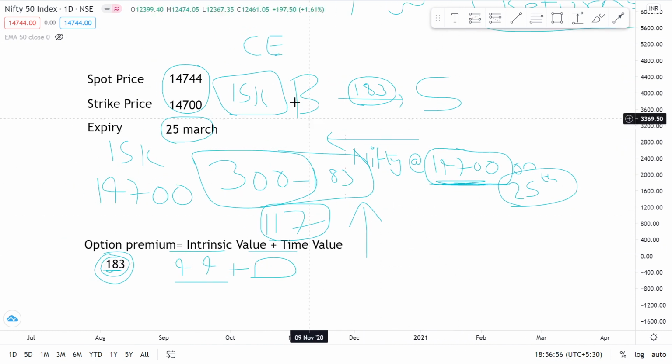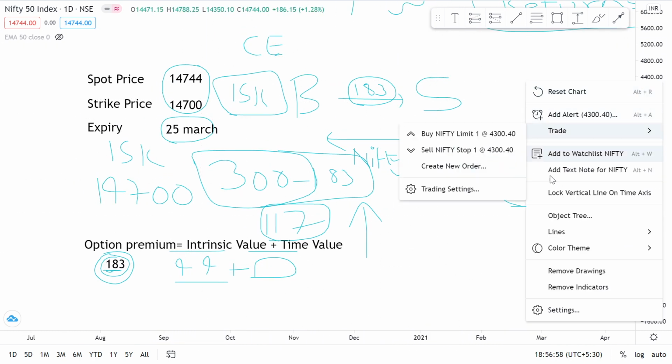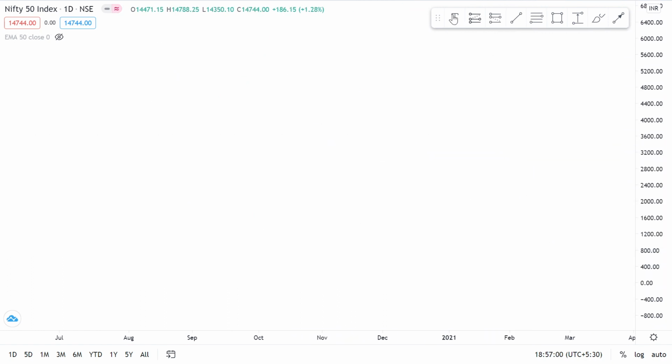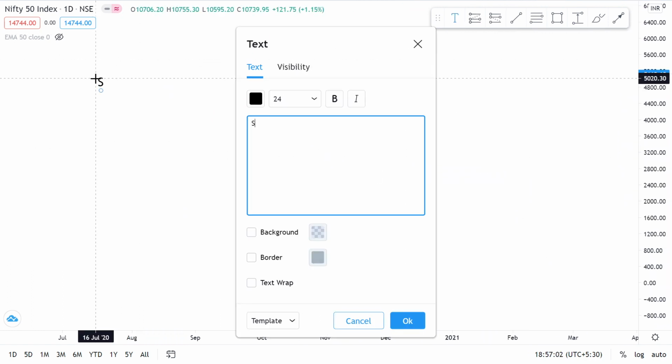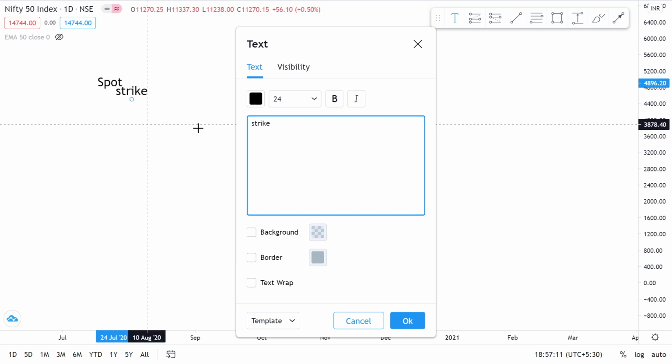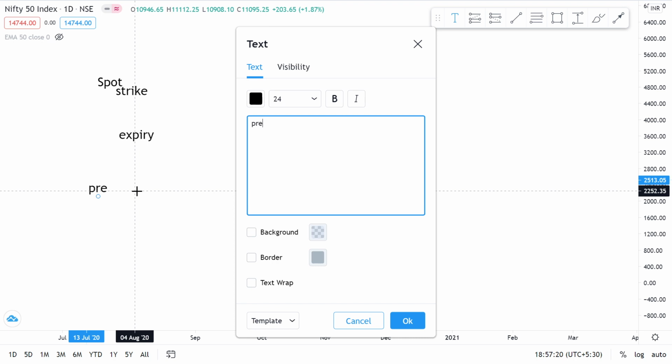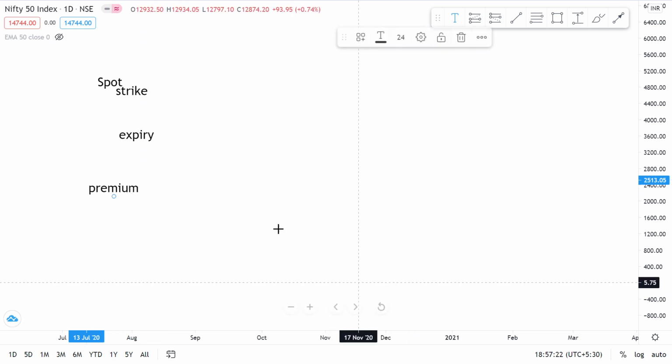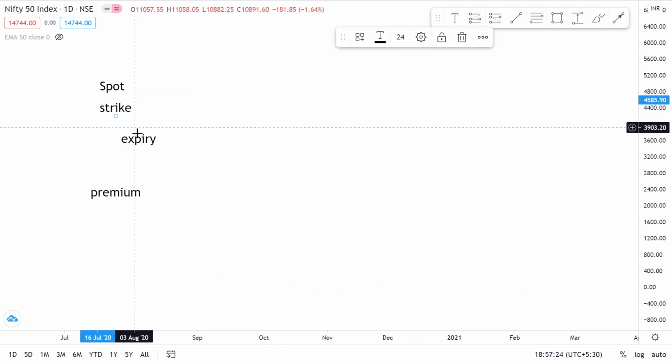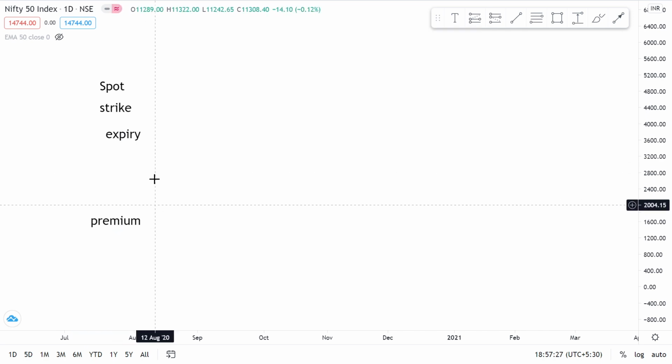Now let me clear all this. So put option also has a spot price. Let me just write spot, a strike price, and expiry and premium. Again 4 terms: spot price, strike price, expiry and premium.